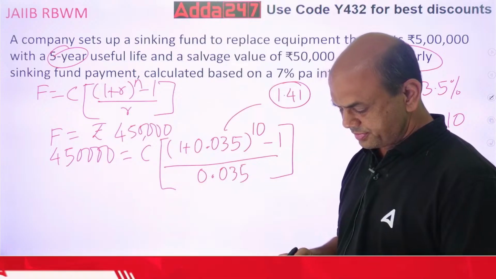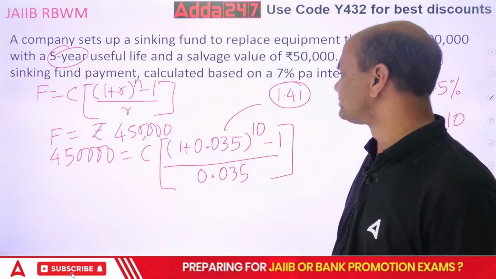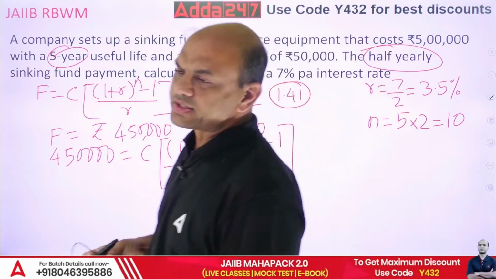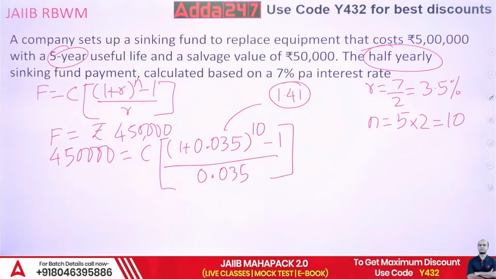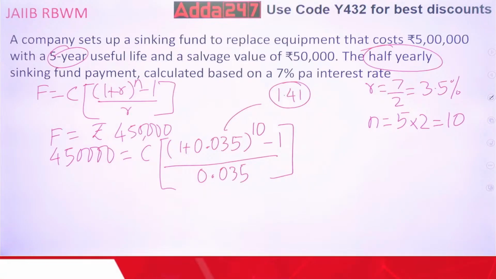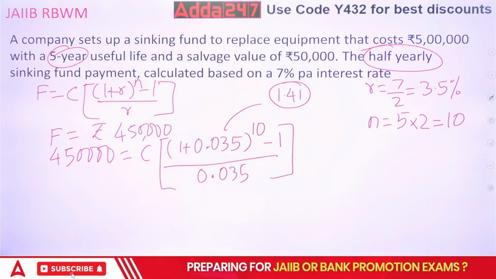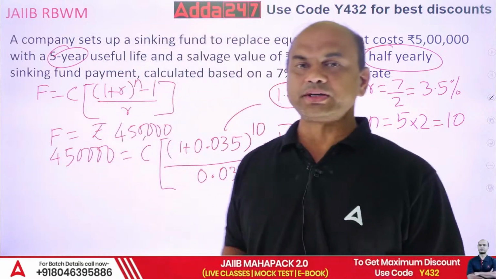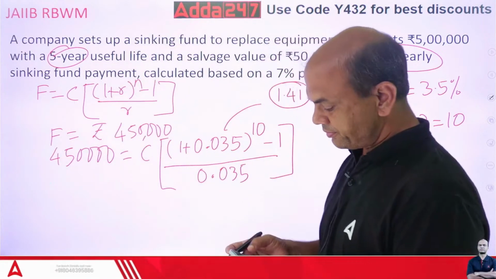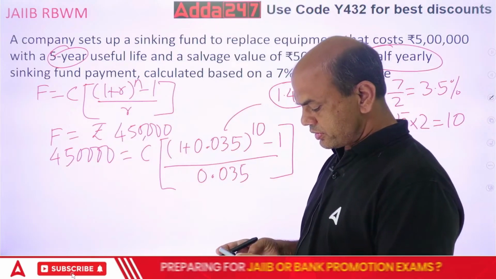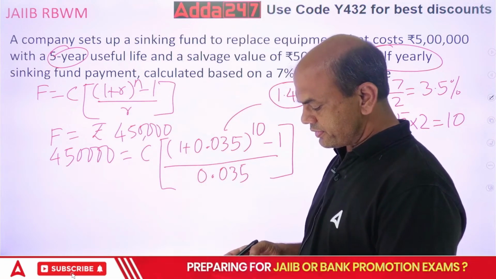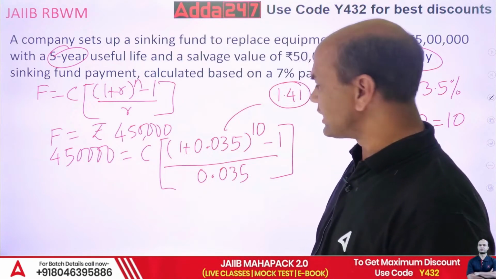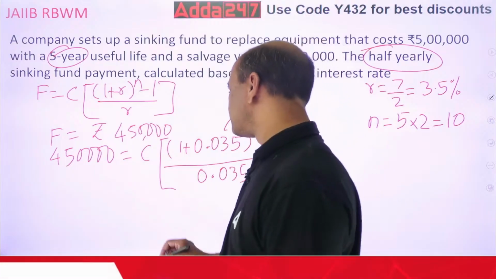This 0.41 you divide by 0.035. So what are you getting? I am getting 11.373. Let me check your answers also.